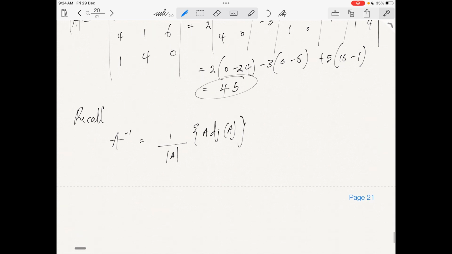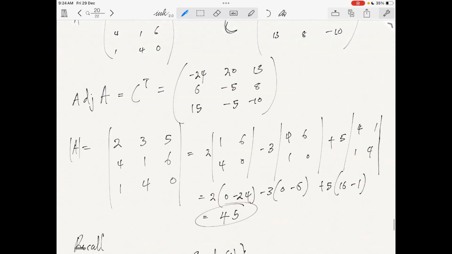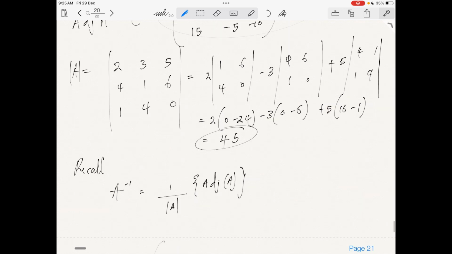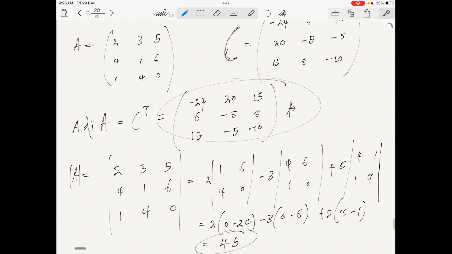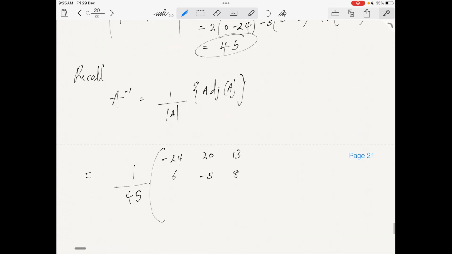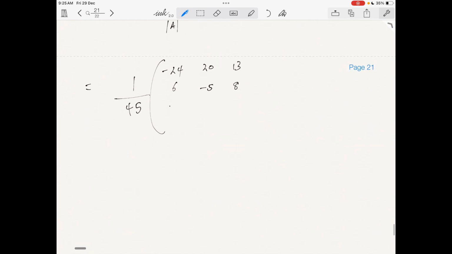So that will give us 1 over 45 into the adjoint, which is minus 24, 20, 13, 6, minus 5, 8, and 15, minus 5, minus 10. Now this is the inverse of A.